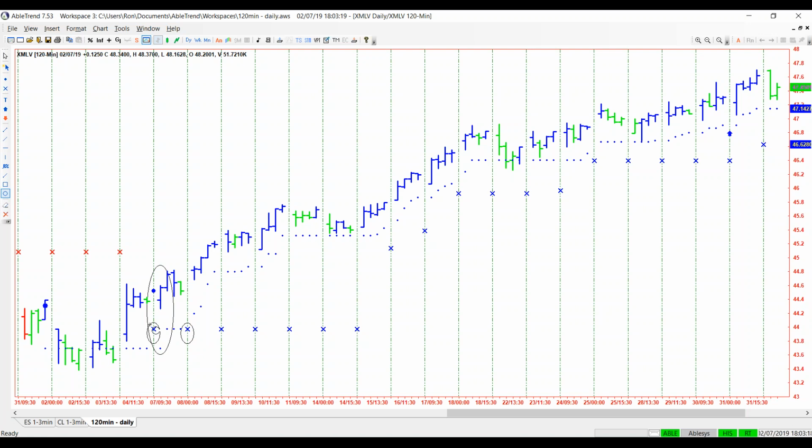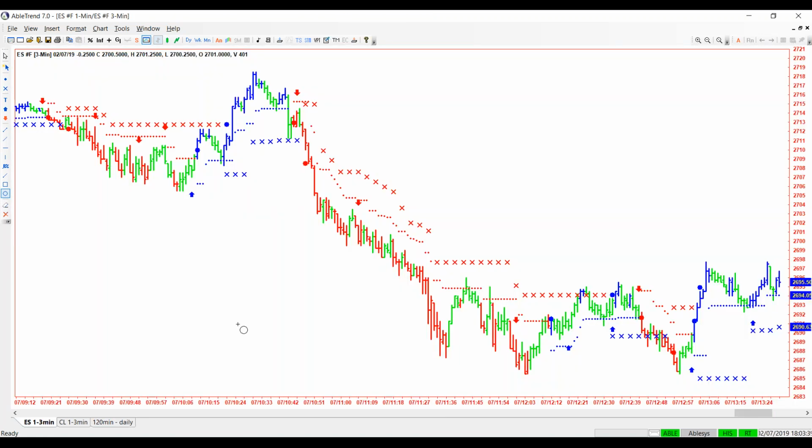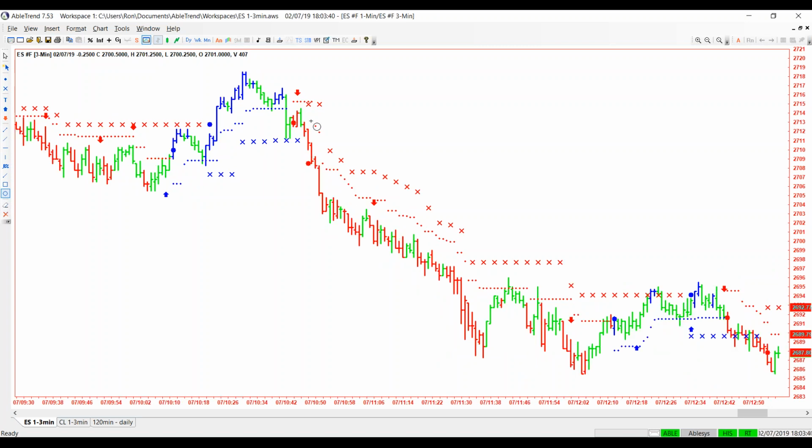So it's the same thing when you have a 1 minute, 3 minute chart. And I'll get to that in a minute. Technically speaking, when you have a trend change, and the point is you got the red X here, you got the blue X. Now, you technically have to wait 3 minutes until that's over. And you know what? Let me just jump into this right away.